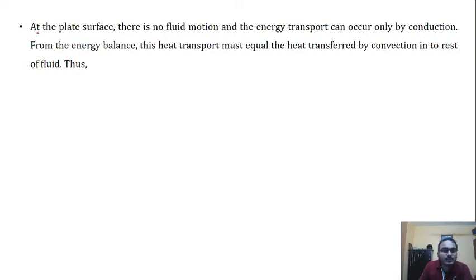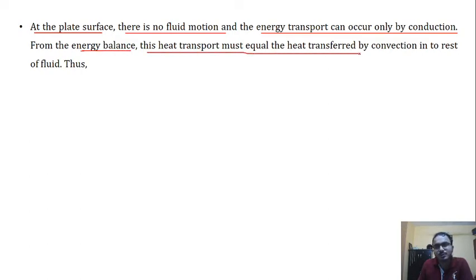Now at the plate surface, that is near to the plate, there is no fluid motion and the energy transport can only occur by conduction. From energy balance, this heat transport must be equal to the heat transferred by convection to the rest of the fluid.